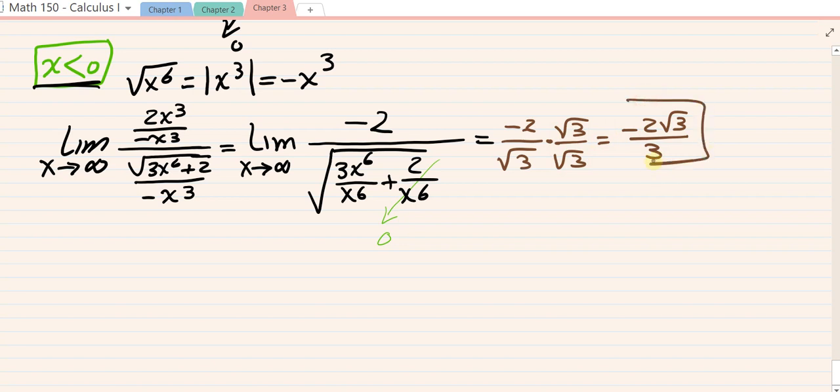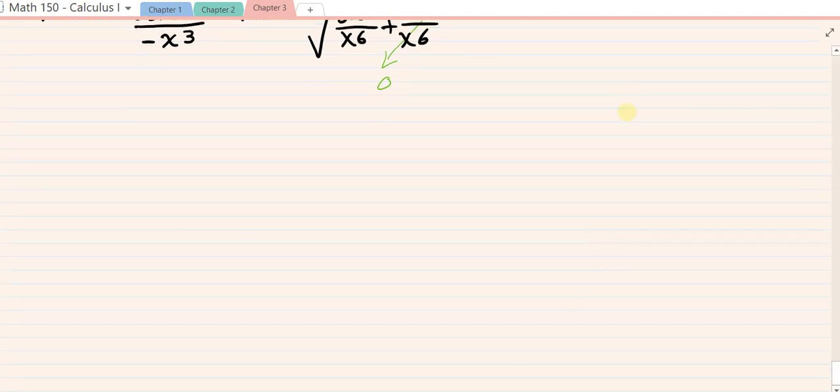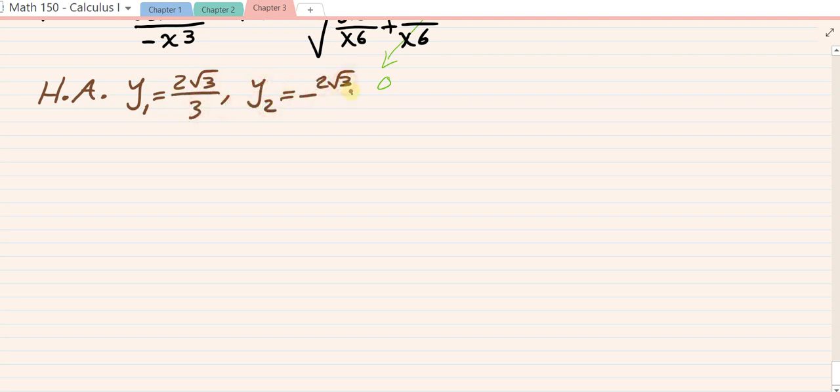Aha, here's the second asymptote that we have. So there are actually two horizontal asymptotes of this one. The horizontal asymptotes are y1 equals 2 root 3 over 3, and the second one is negative 2 root 3 over 3. And there you go.